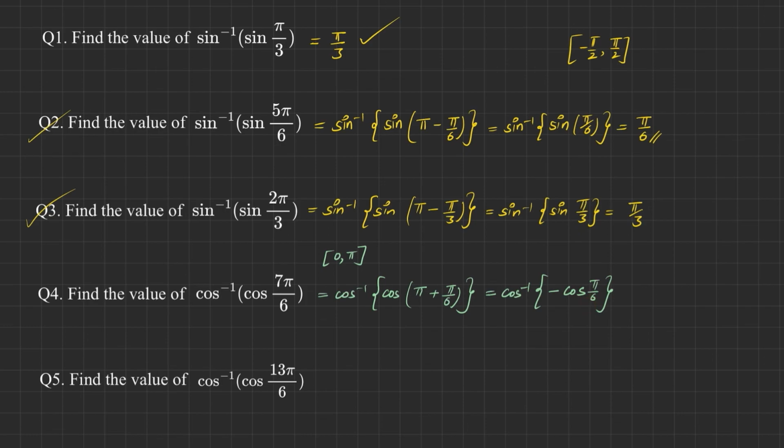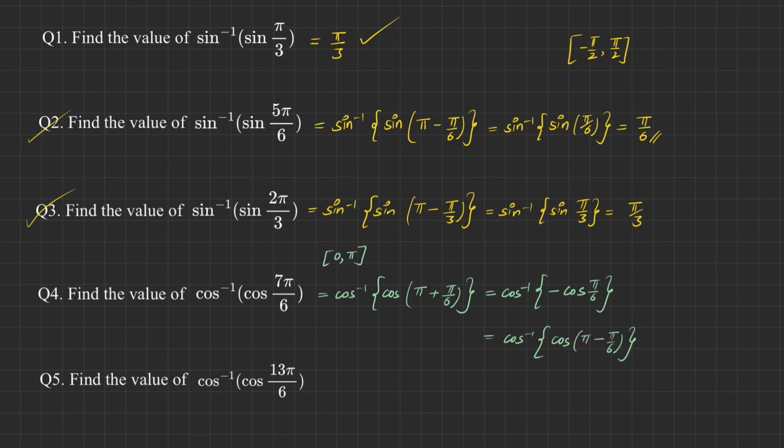But here the problem arises because there is a minus, so we cannot directly write pi by 6. So we need to change this particular portion. So here we can write cos inverse cos pi minus pi by 6, because as you know that cos pi minus theta is minus cos theta, because pi minus theta lies in the second quadrant, and in second quadrant cos is again negative.